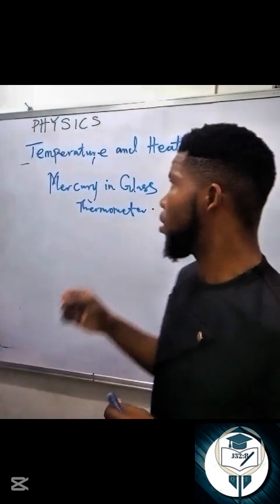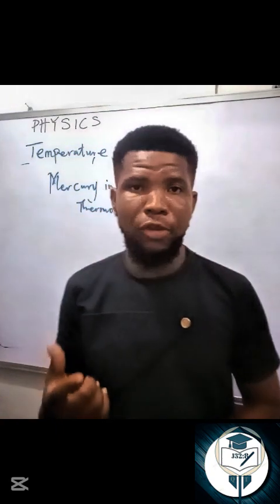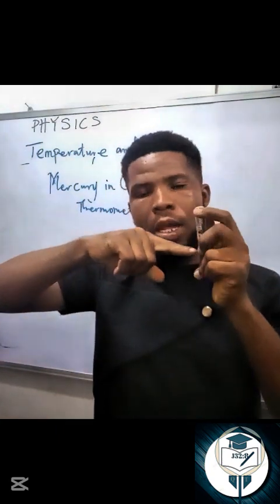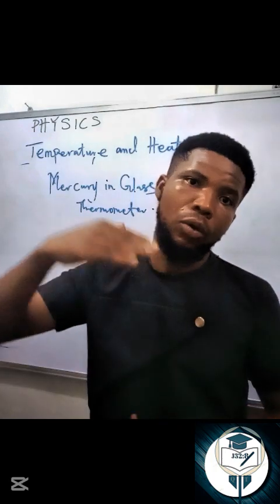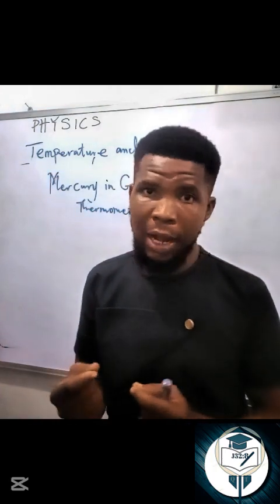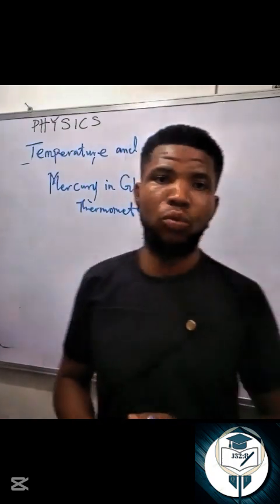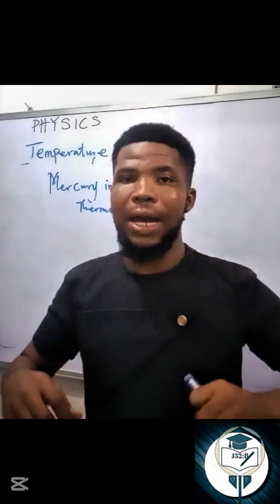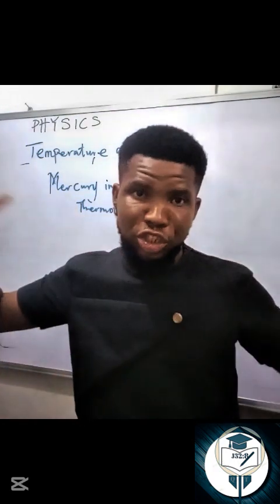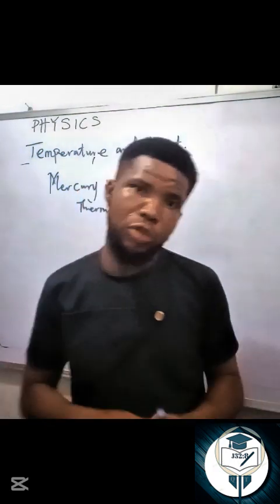It is kind of silver colored. So once mercury rises in a narrow bore, you see the color going upward because it's silver white. So that's number one. Number two, mercury has a very high boiling point, so it gives us a very wide range of measuring temperature.